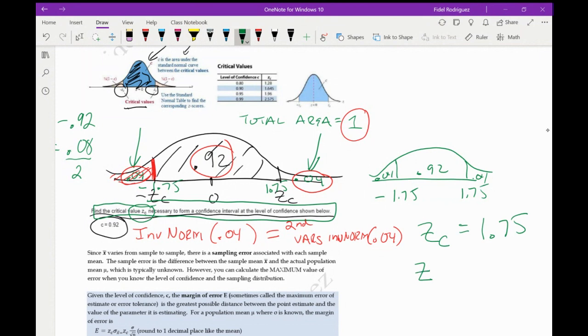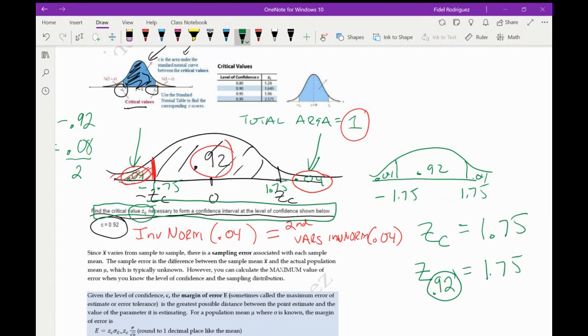Sometimes the way they write it, Z of 92 is 1.75 because my confidence interval was, I'm sorry, 0.92. Okay. So excellent question. Did that answer it? I'm not sure if I answered it correctly.